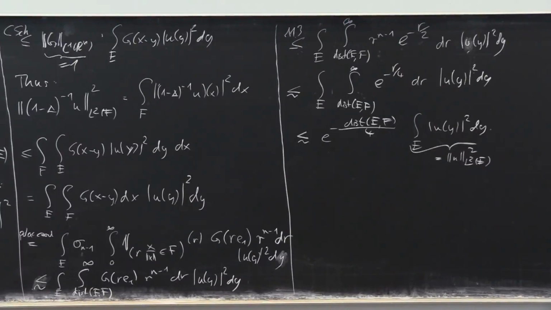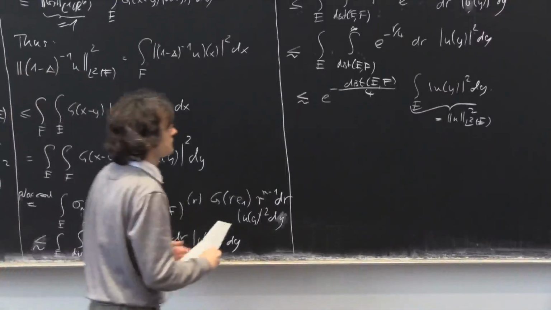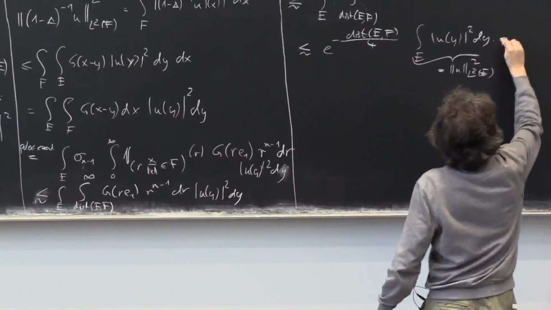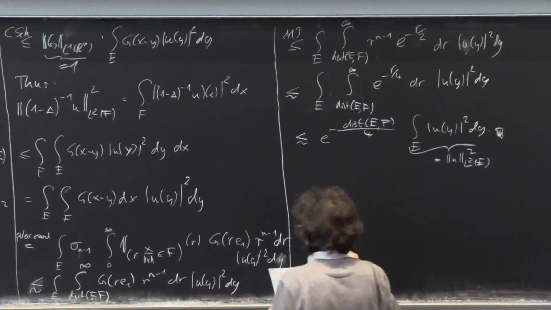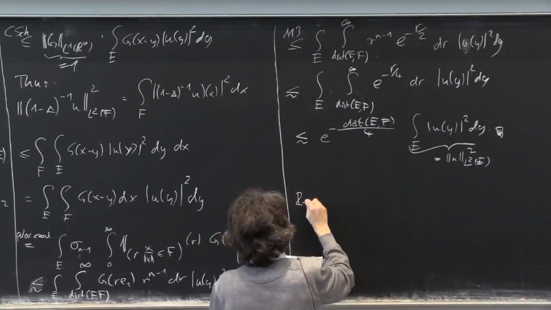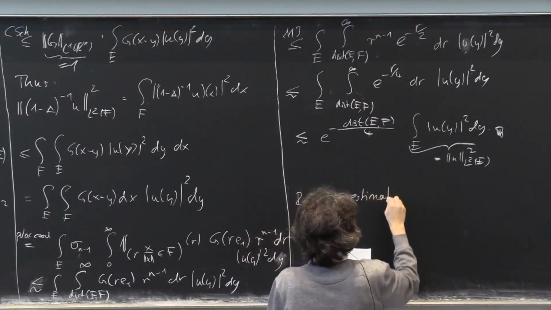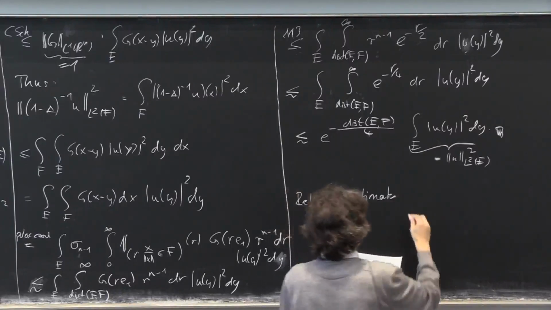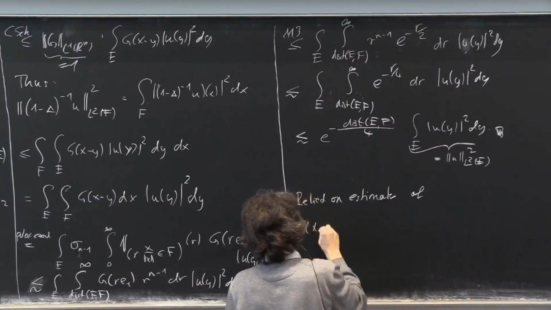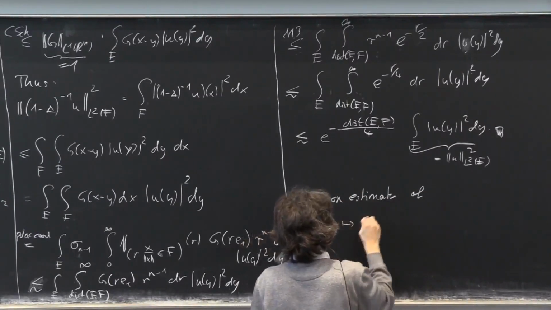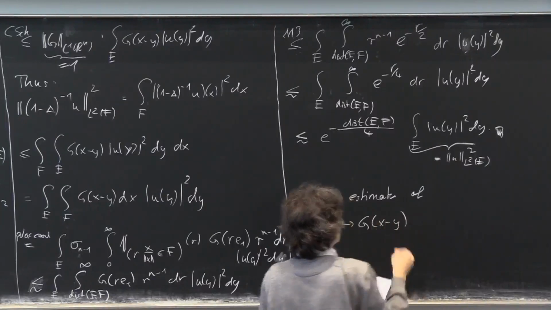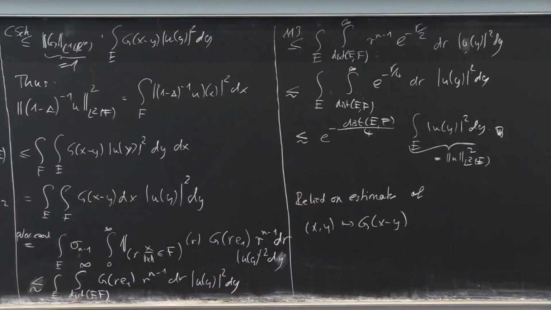So why is it called off-diagonal estimates? Because we look at G for huge arguments. So this relies on the estimates of the function that to x and y assigns g of x minus y.